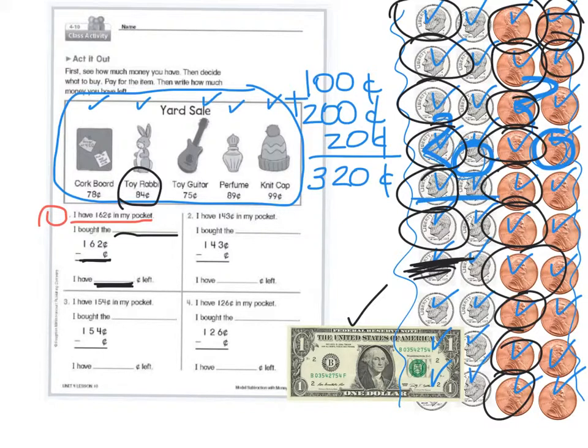So once you've done all that, you're going to subtract both partners together to make sure that the right amount of money was given and the right amount of money is still left over.